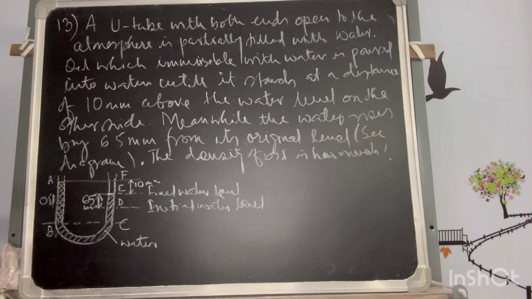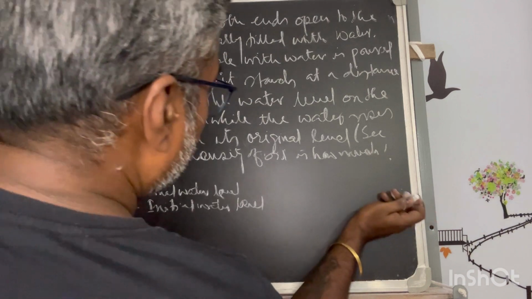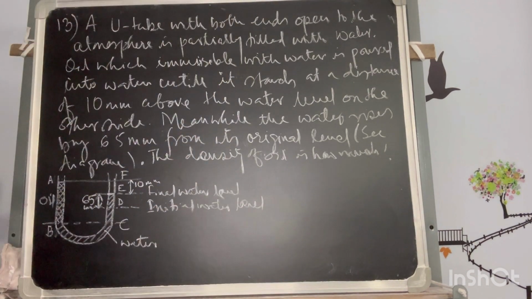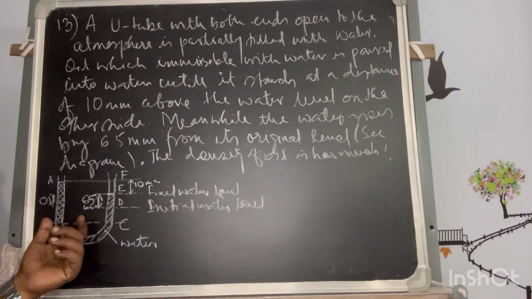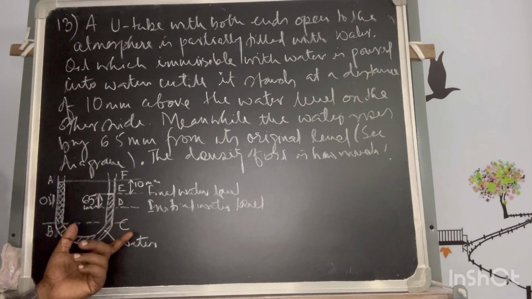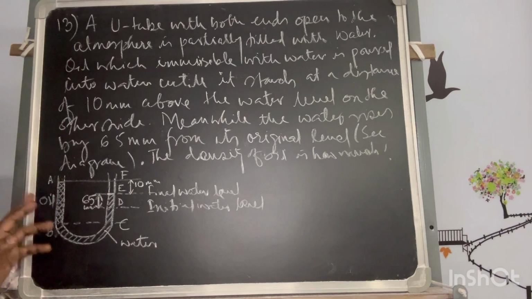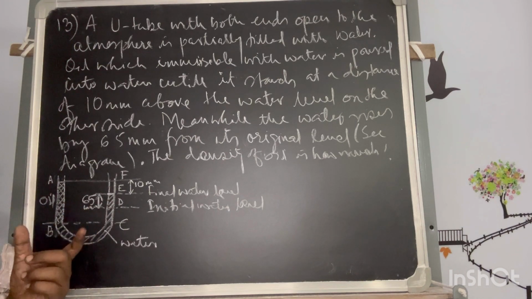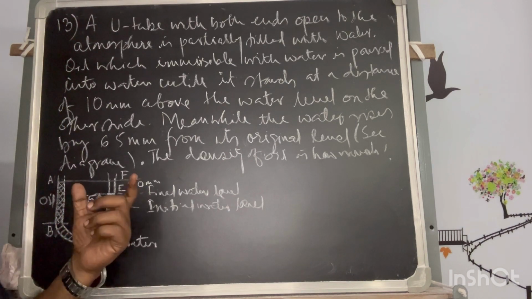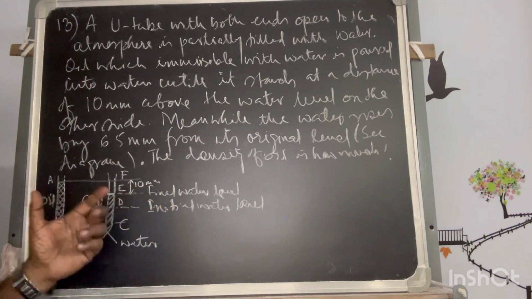Before I start, the first thing is that points intersected by a horizontal line across the two vertical arms of the U-tube, where the fluid is the same, will be at the same pressure.